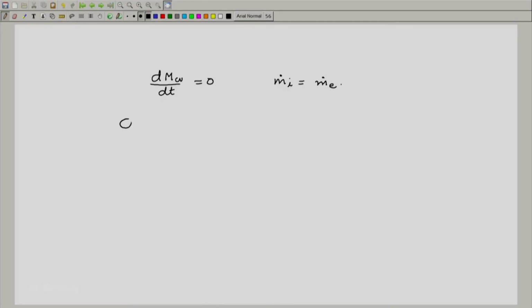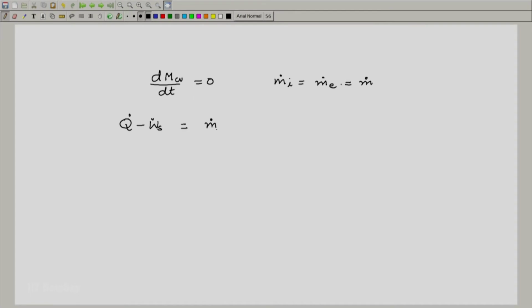So, for the first law, similarly we have d E C V by dt is 0. What we will do is we will transpose q dot and w dot s in the equation to the left side and write it as follows, that is q dot minus w dot s is equal to m dot. Notice that I am writing only m dot. This is because the mass flow rate coming in is the same as mass flow rate going out, and I could have just written this here as m dot.